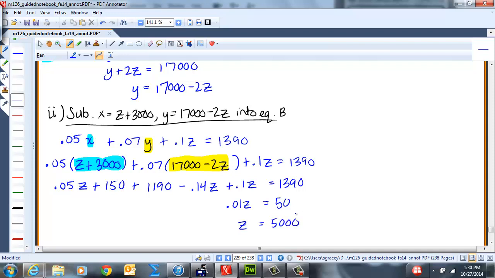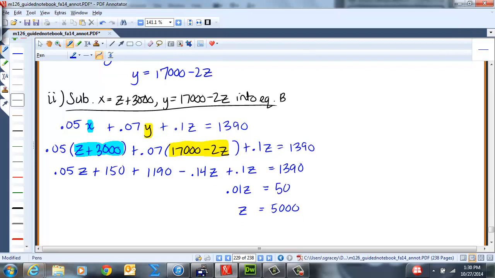So z is 5,000. Now we can back substitute in the other expressions to find x and y. So substitute z equals 5,000 into equation C. We'll solve for x.